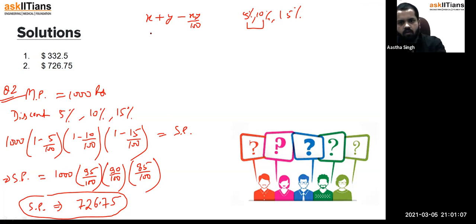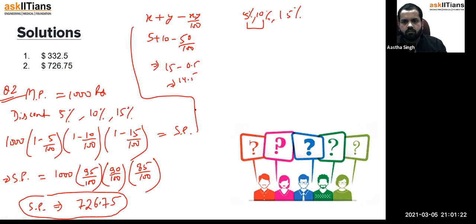So this will be 5 plus 10 minus 50 upon 100. 5 plus 10 is 15, minus 50 upon 100 is 0.5. That is 14.5. So basically 5 and 10 just become 14.5, and again 15%. Now calculate the final discount of these two. Okay, this is how you solve three discounts.